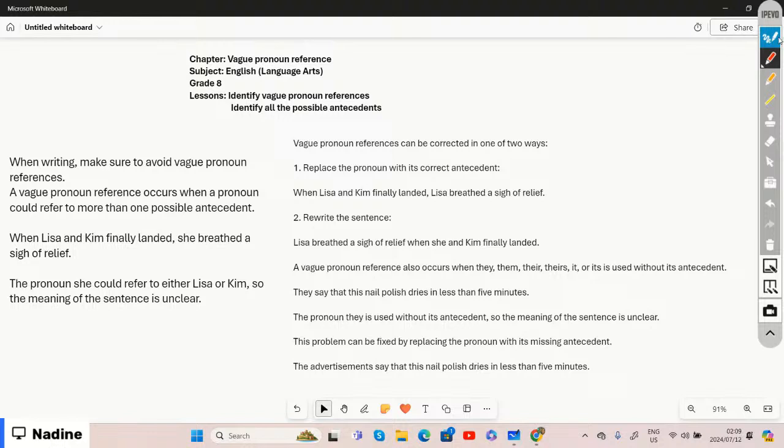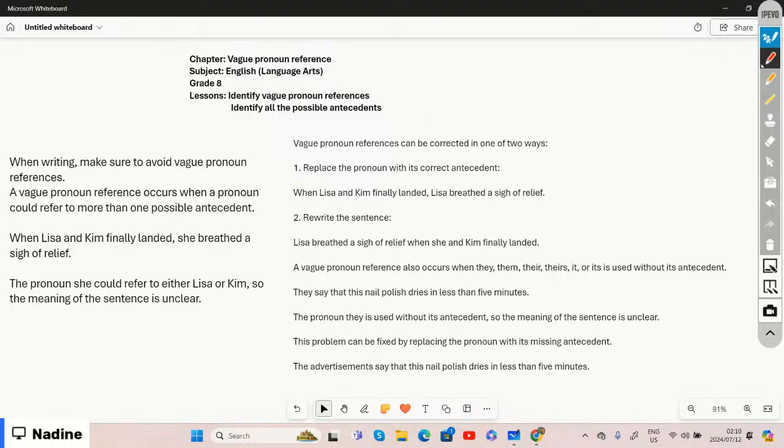Think of when you're writing an essay, or a review on something.